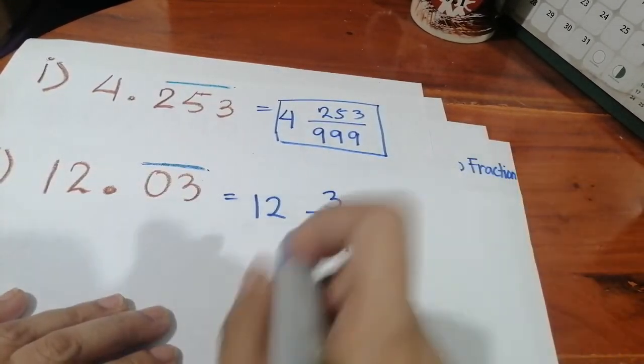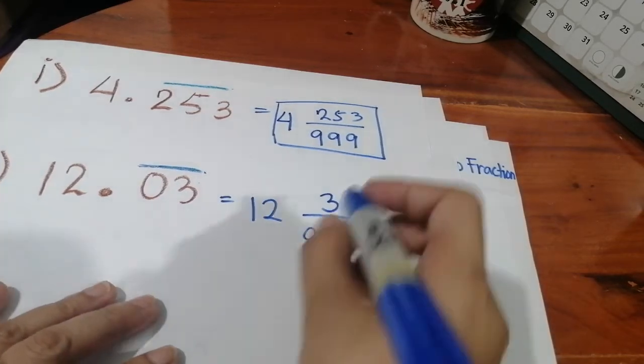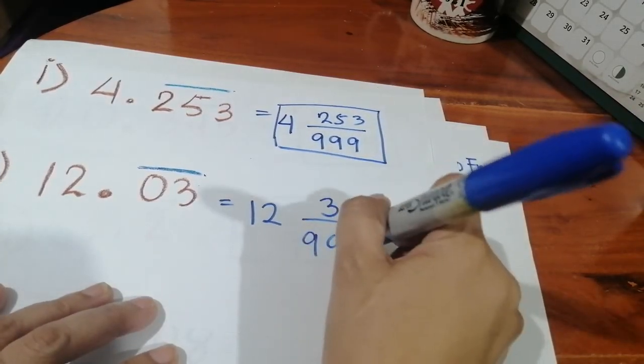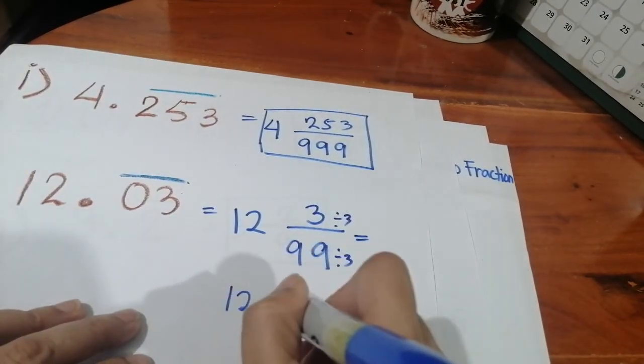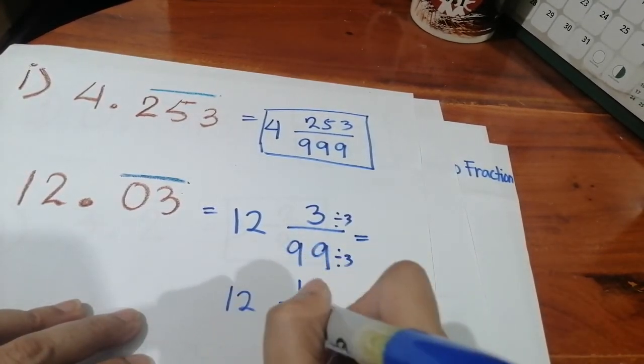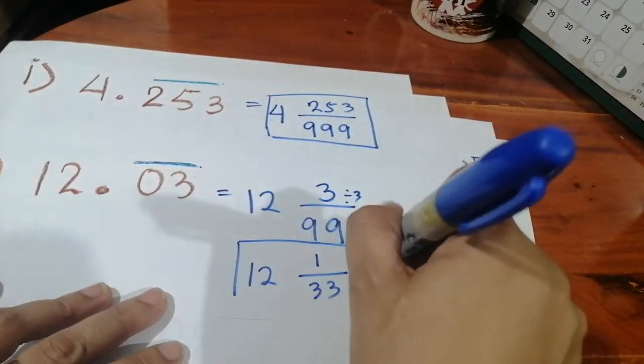Okay, but then 3 over 99, you can still simplify that by 3. So we can divide this by 3, we can divide this by 3. So the final answer here will be 12 and 1 over 33. So this is the final answer.